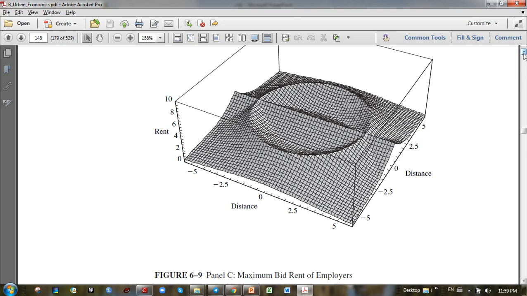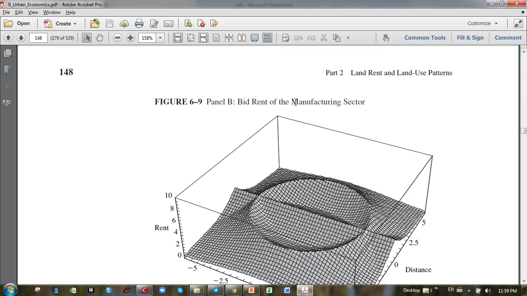However, manufacturers, factories, normally do not look at the center, but tend to locate along the ways they can use to transport their product. That's why in this case we call it a highway. This is a highway across the city center, like the outskirts of the city center.